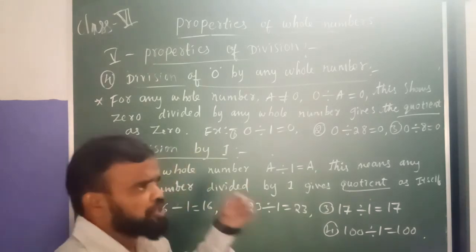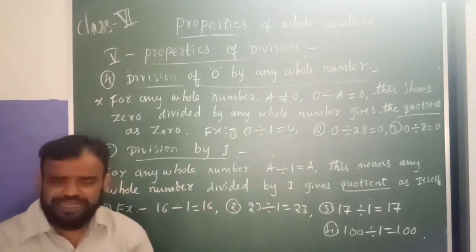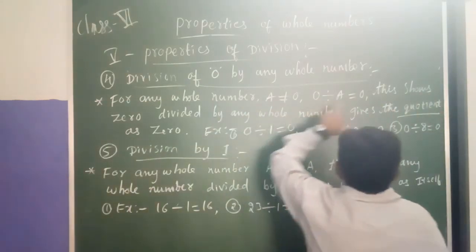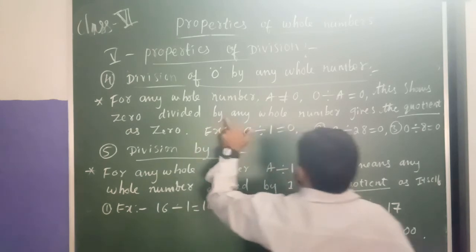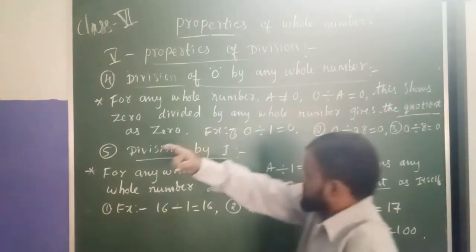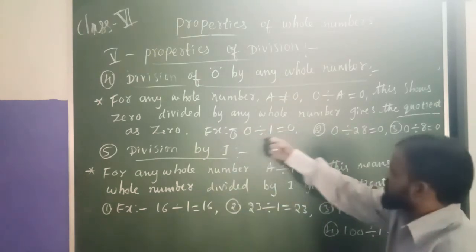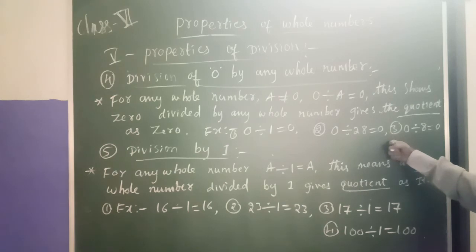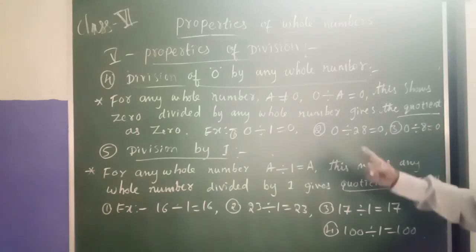If you multiply or divide, you will get 0 only. Understood? This shows 0 divided by any whole number gives the quotient as 0 only. Example, 0 divided by 1 is 0 only, 0 divided by 28 is 0 only, and 0 divided by 8 is 0 only. These are the examples we have taken here.